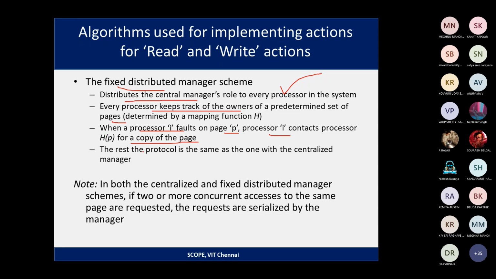The rest of the protocol is the same as with the centralized manager. Note that in both the centralized and fixed distributed manager schemes, if two or more concurrent accesses to the same page happen, the requests will be serialized by the manager.